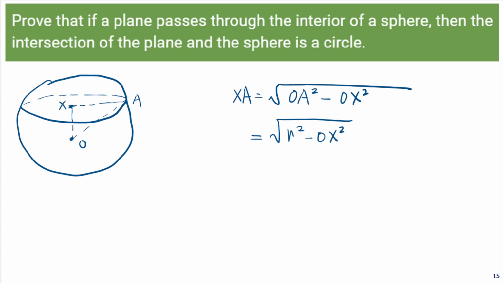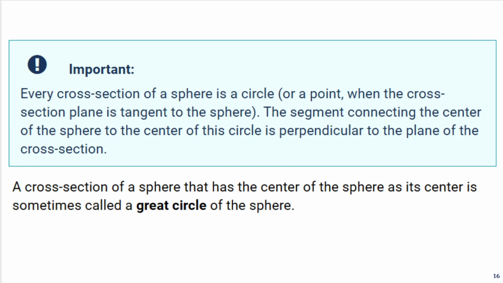Furthermore, every point in plane P that is on the circle with center X and radius XA is on the sphere. And then we have proved two very useful facts about cross-sections of a sphere. Every cross-section of a sphere is a circle, or a point where the cross-section plane is tangent to the sphere.